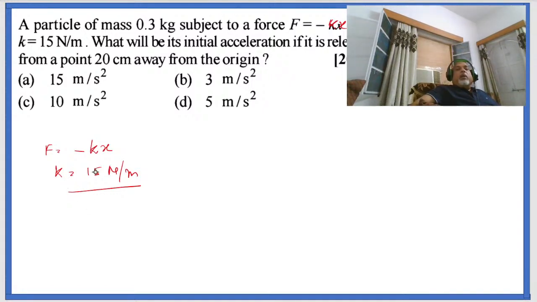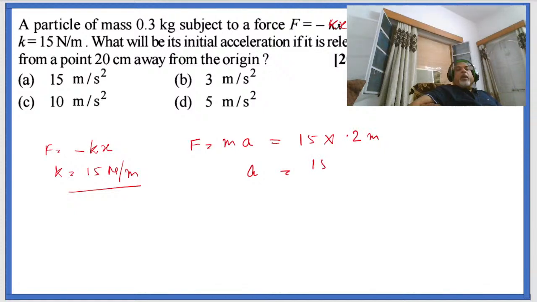So we are given F is nothing but m a, and this is equal to 15 into 0.2 meter, correct?